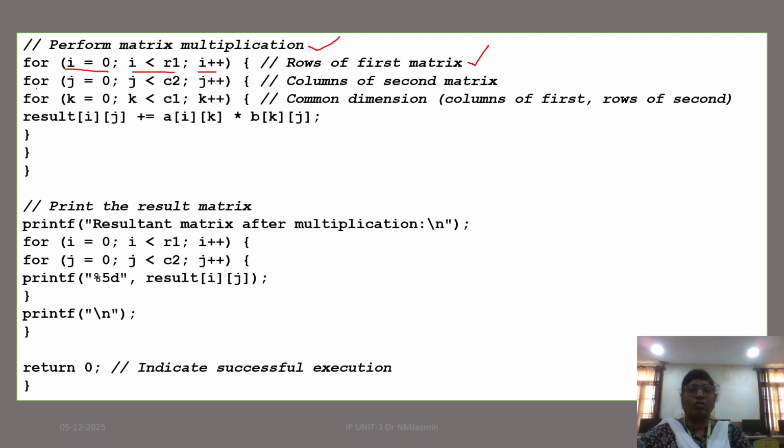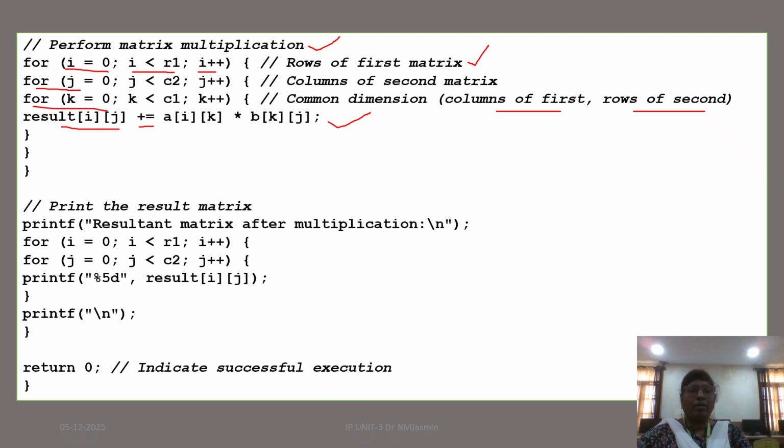Similarly for j we will do, and finally we come to the common dimension, the columns of the first matrix and rows of the second matrix, which have to be taken as the common dimension. Thereby the result matrix of i j plus equal to A of i k into B of k j.